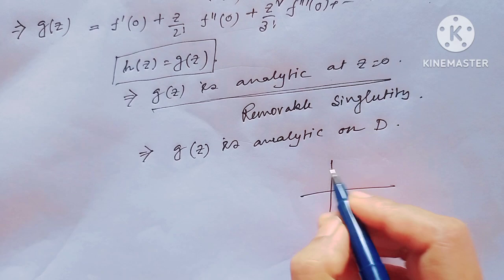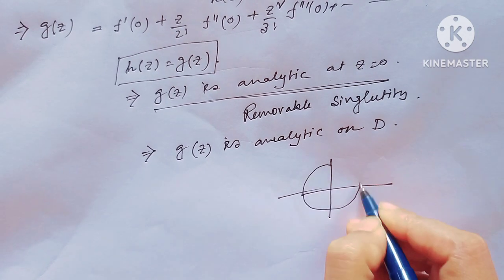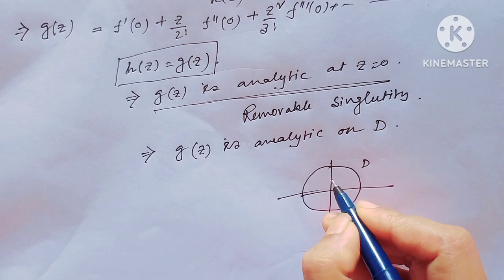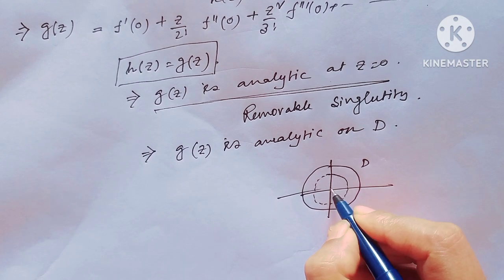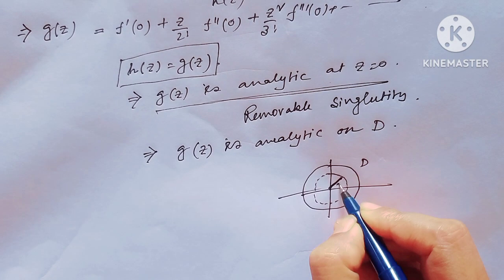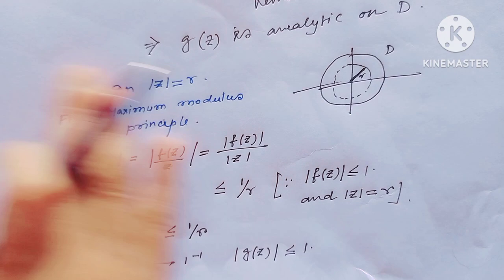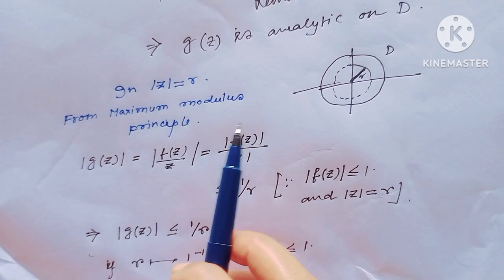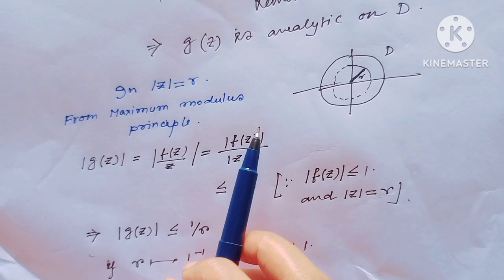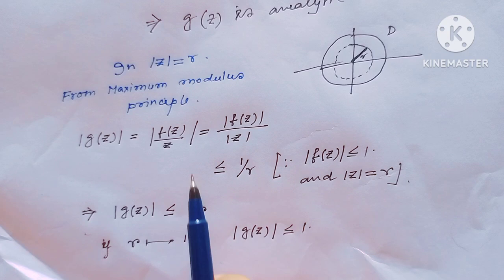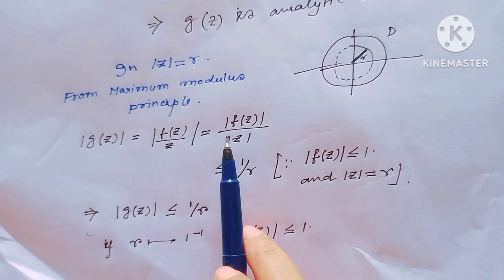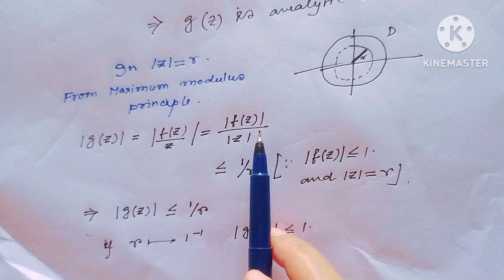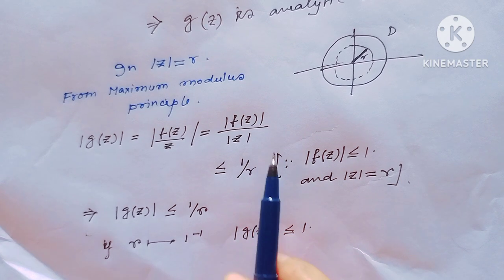If we draw the picture, this is D. Consider this circle with radius r, modulus of z equal to r. Here I will apply the maximum modulus principle. Mod Gz equals absolute value of Fz over z, which we can write as absolute value of Fz over mod z.